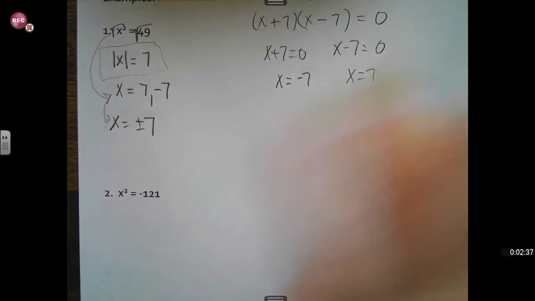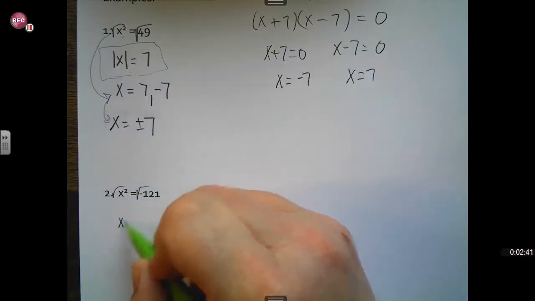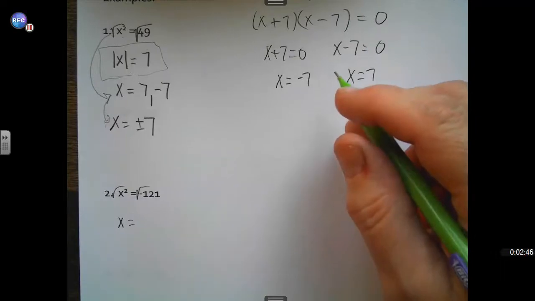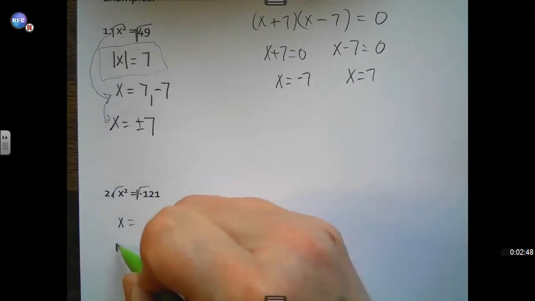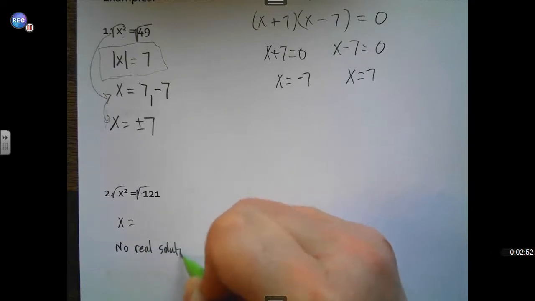So here I take the square root of both sides, and the square root of x squared is x, and the square root of negative 121 is not a real number. So we say this has no real solution.